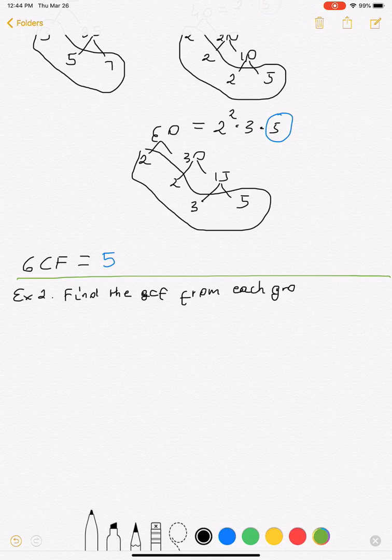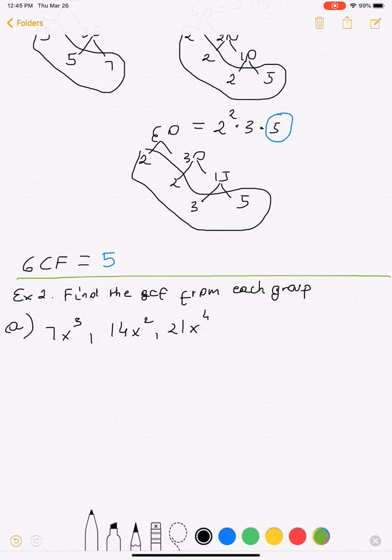So this example is different because here you're going to have not only integers but also variables and exponents. So I'm going to solve example A. We have 7x to the third power, 14x squared, and then 21x to the 4th.